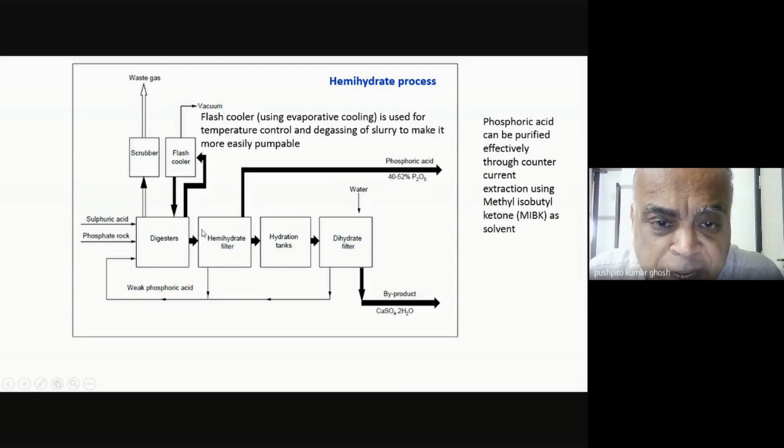Most of the phosphoric acid you'll take out here, but then you'll also wash the filter cake so that you're removing as much of the phosphoric acid as possible. But then it will be dilute phosphoric acid because you've added water to this cake. And again, what you do over here is take the hemihydrate and do a very controlled hydration with water and forcibly convert it to CaSO4 2H2O.